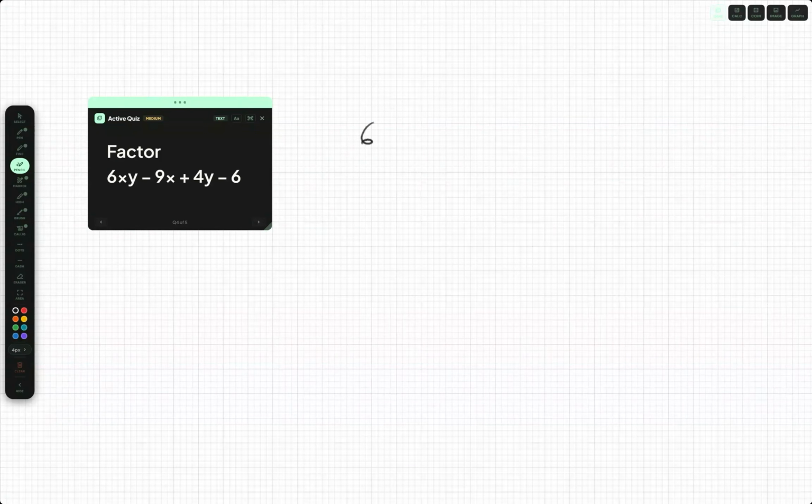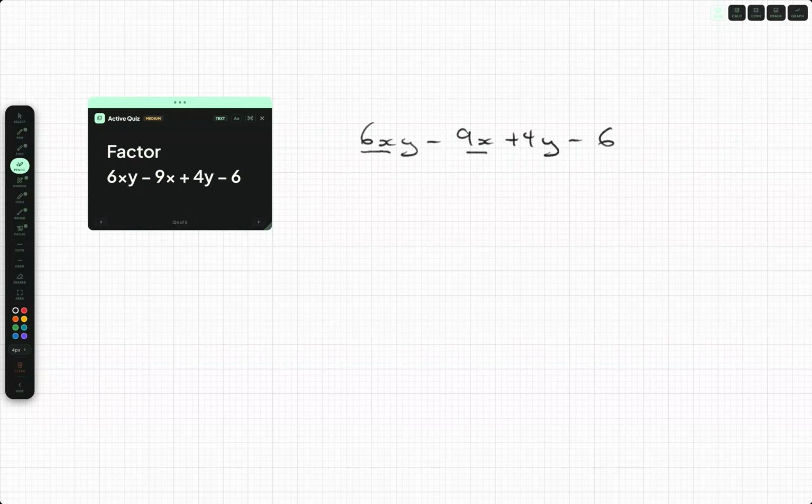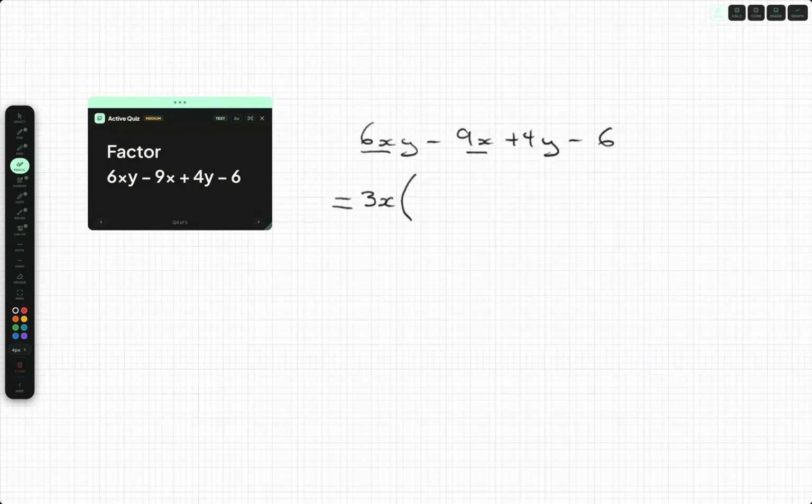Alright, let's look at another one. We have 6xy minus 9x plus 4y minus 6. Okay, our first two, what do they have in common? Well, they're both multiples of 3 and they're both multiples of x. So let's pull out a 3x from both of them. 6xy divided by 3x will leave us with 2y, and then negative 9x divided by 3x is just going to be minus 3, plus, what do we have here?